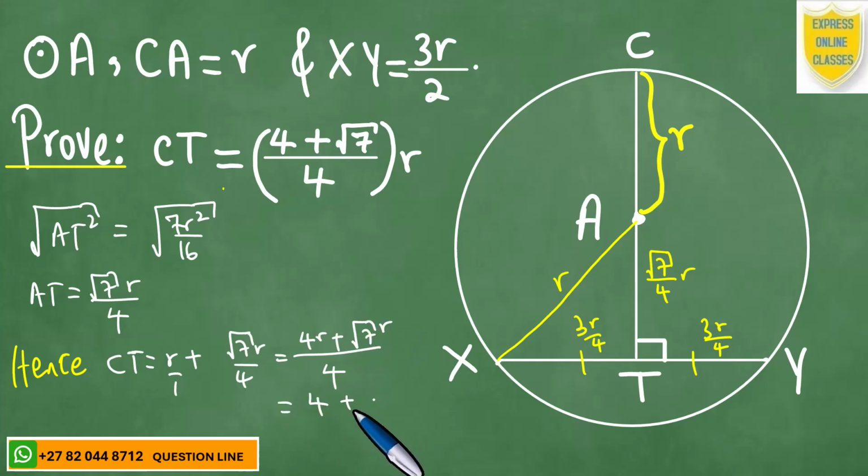This is 4 plus the square root of 7, all out of 4, times r, and this is CT.